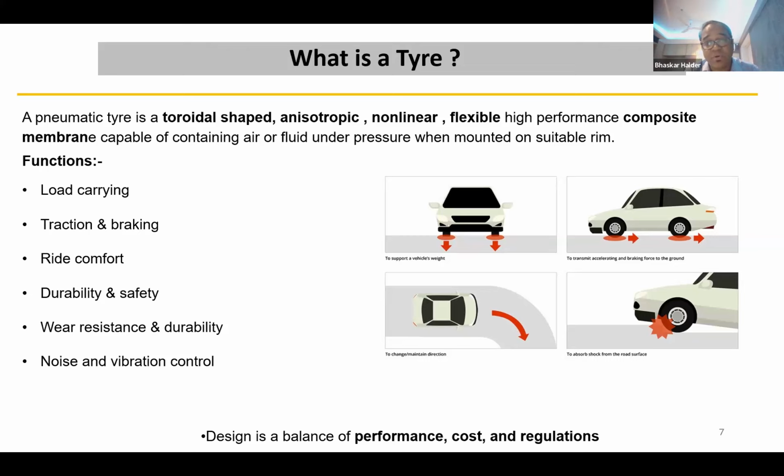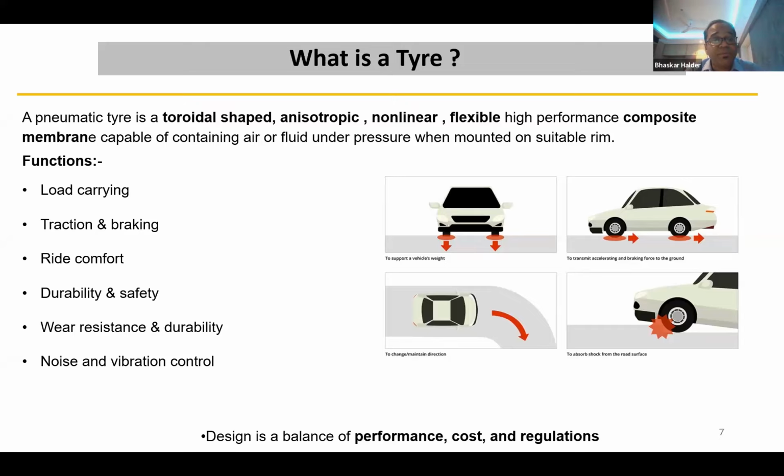So the tire is always a non-linear material, and it is a flexible item because it has to have some shock absorbing capacity. When we load the tire, it flexes, and this flexing gives us comfort. So the tire is a flexible membrane.